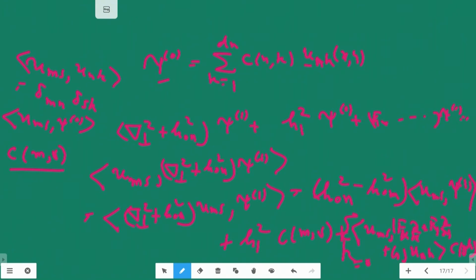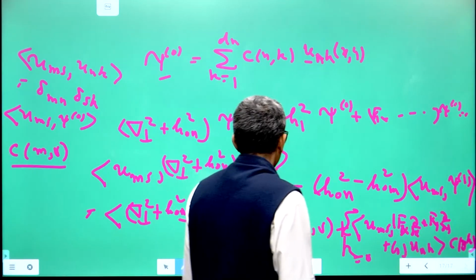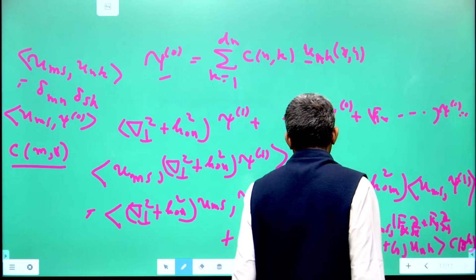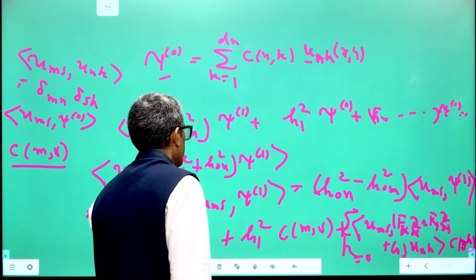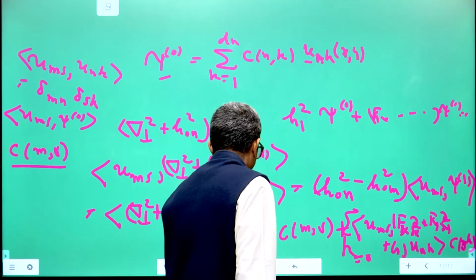So if you take n not equal to m, you will get a value for ums comma psi 1. The term h1 square times psi 0 will not drop out, because you still have to calculate h1 square.